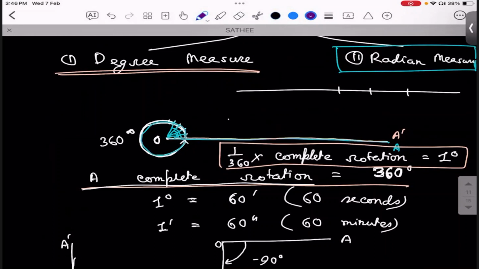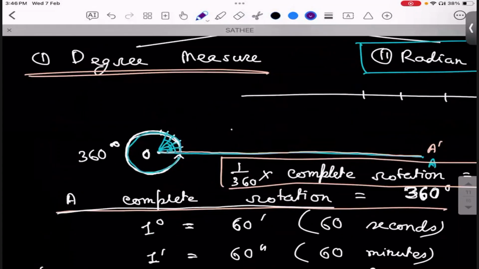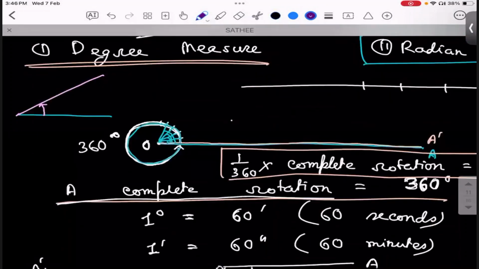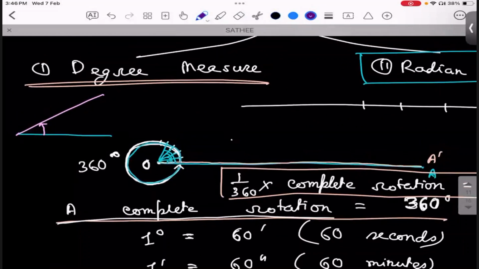Like if someone gives me an angle, this is our initial state, this is our terminal state, and someone asks me about the angle, then we measure how much is in degrees, how much in seconds, and how much in minutes. But here we had a universal rotation, where we divide a complete rotation by 360 and take each segment as 1 degree, and then we measure the other things with respect to these.